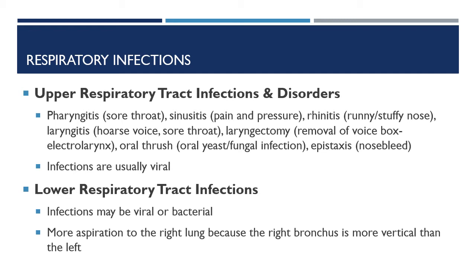And pneumonias can be viral or bacterial. And you can imagine, since they're involving the alveoli, they're going to impair gas exchange because some of the alveoli are going to be filled with fluid and infection from either a virus or a bacteria. So we'll talk more about pneumonias on another slide.